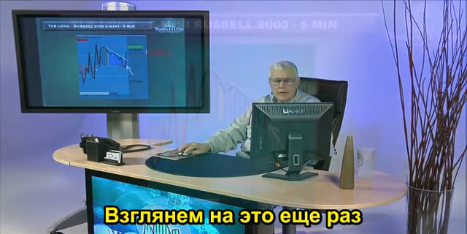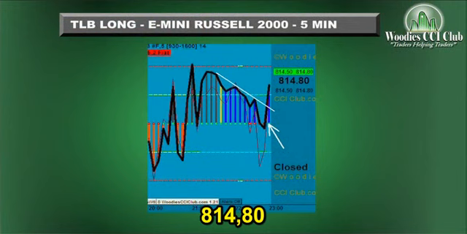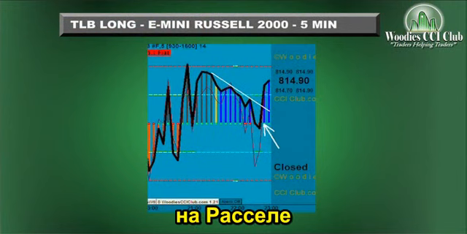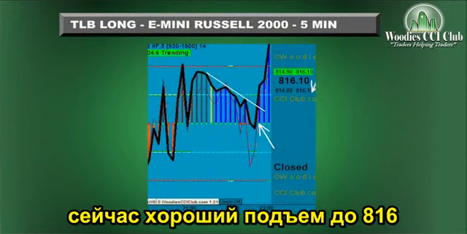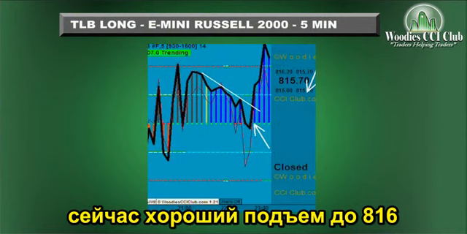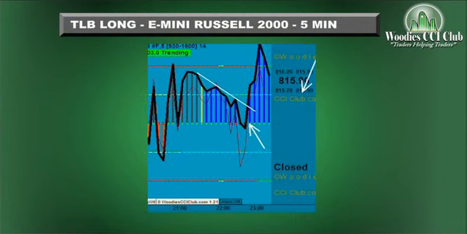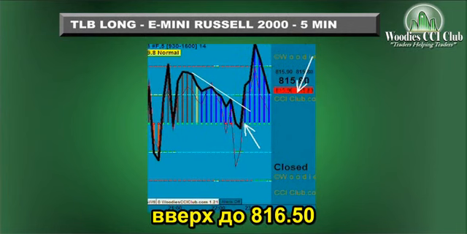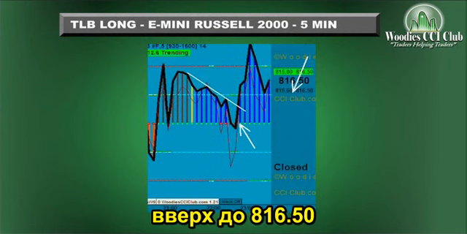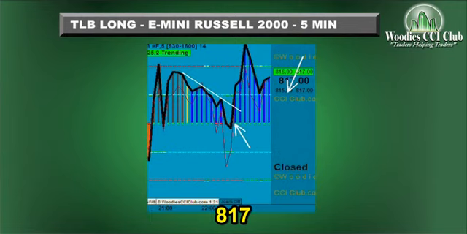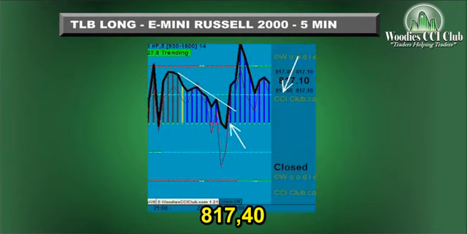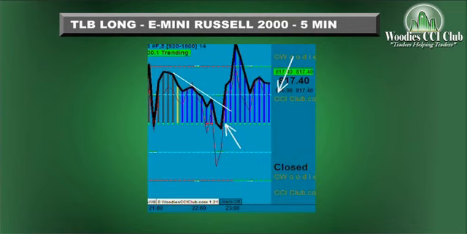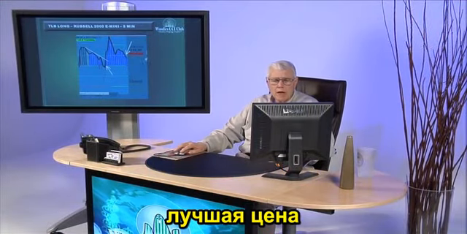Let's take a look at it again. We're in at 814.80 on the Russell. We're now up at 816.20. Bounce away, up at 816.50, 817, 817.40, 817.40 on the high.